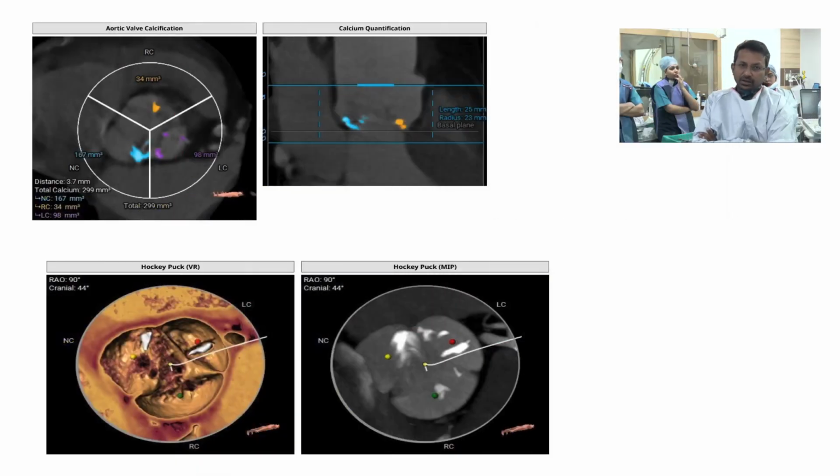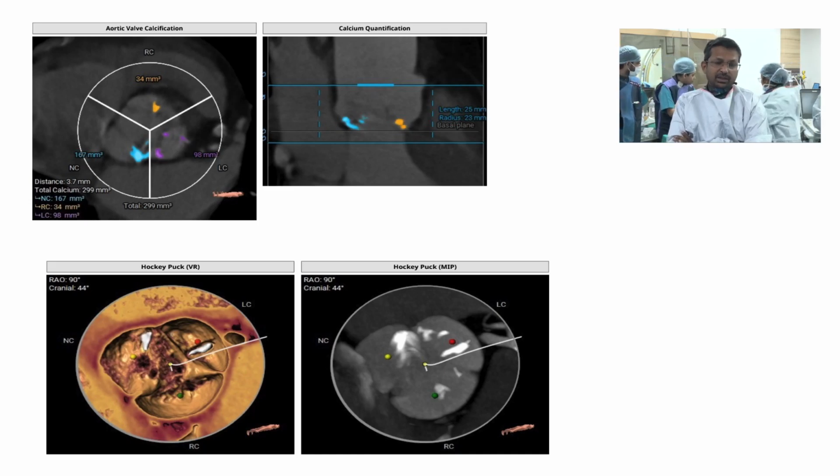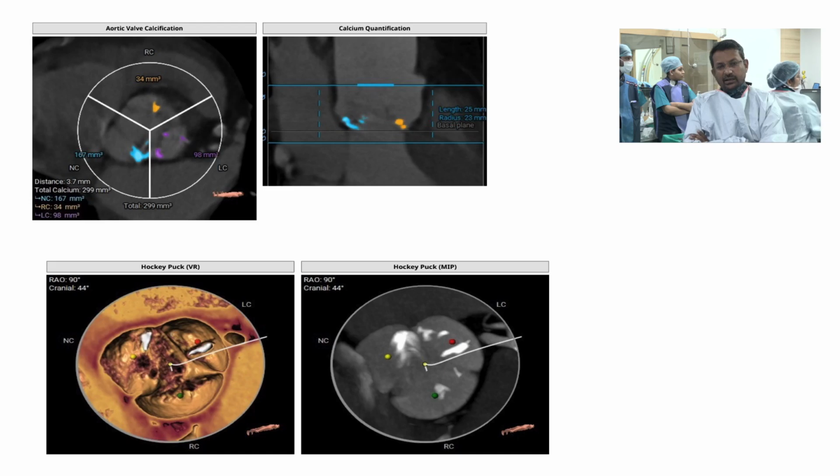If you talk about calcification, we all know that calcification is a very important part of the planning. Calcification is divided into annular calcium and leaflet calcium, but annular calcium is not high, it is mild, while the valve leaflet has the calcium itself.